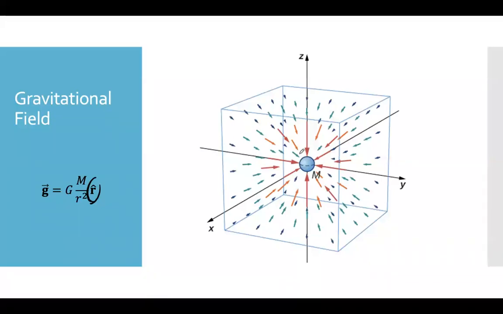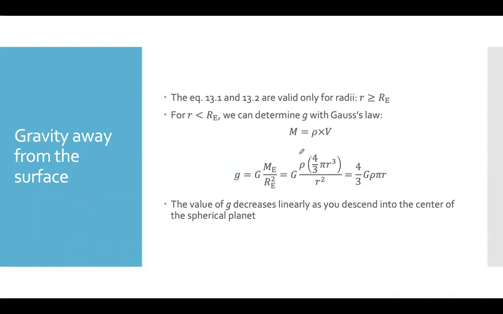So let's now look at gravity away from the surface. We were looking at equations that were able to describe gravity only for a radius greater than or equal to the radius of Earth. But we can look at the opposite, radii that are less than the radius of Earth.